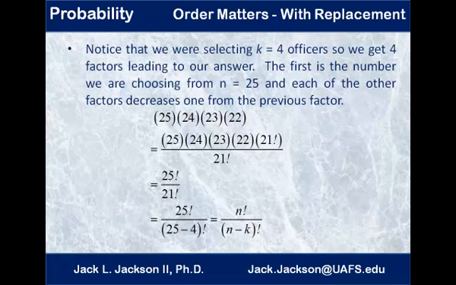And so the numerator is just 25 factorial, and the denominator is 21 factorial. 21 factorial is 25 minus 4 factorial. And now you can see that this is n factorial over n minus k factorial. So this is one way to write what we just figured out, using the factorial function that we've already defined.